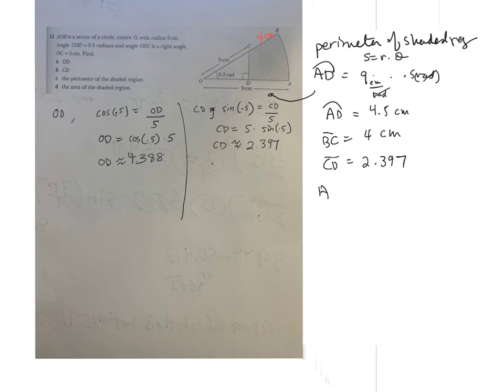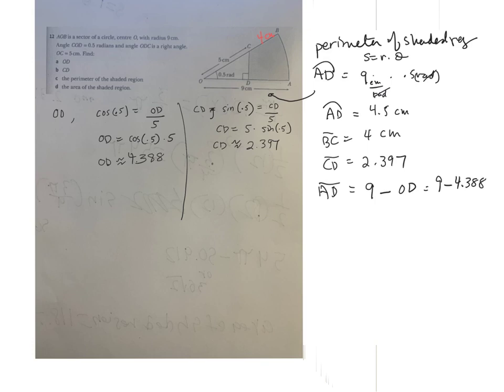Well, AD is going to be, no, wait, not A. Excuse me, let me erase this. That is going to be AO, which is 9 minus OD. And we found OD right over there. So that would be 9 minus the 4.388.